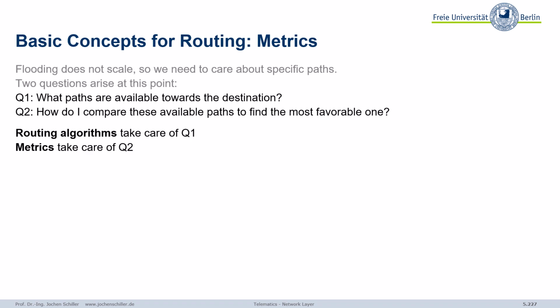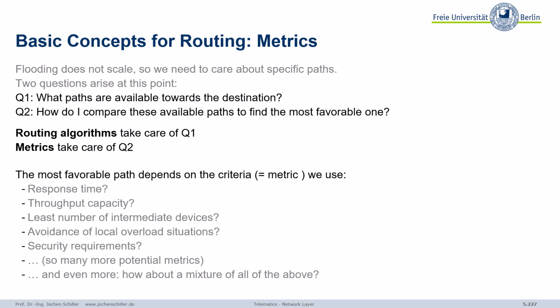So routing takes care of question 1. Routing finds out, hopefully at least one, maybe several paths from a source to a destination. Metrics are important for the comparison. So how can I say this is better than the other? Typically for metrics we use response time, throughput, capacity, hop count, so the least number of intermediate devices, avoidance of overload, security.